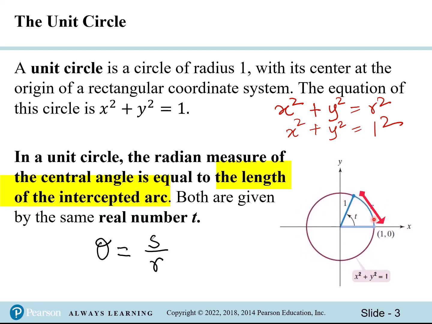It's the length of the arc of the unit circle that has been intercepted by the central angle. And theta is measured as S over R in radians, and in a unit circle R is always 1. So it would be S divided by 1. Therefore, theta, or that angle, will have a measure of S radians.